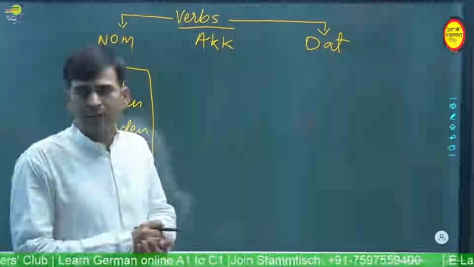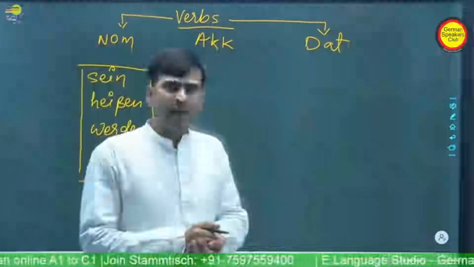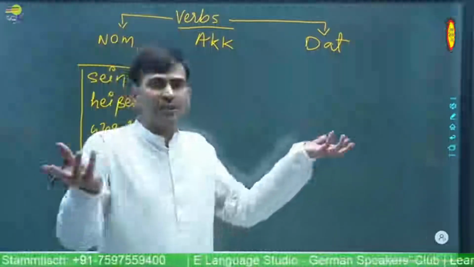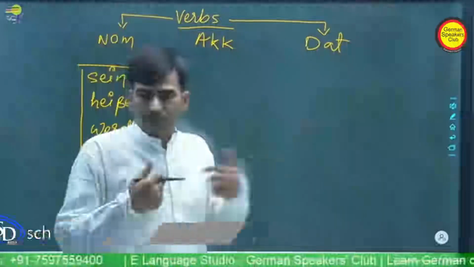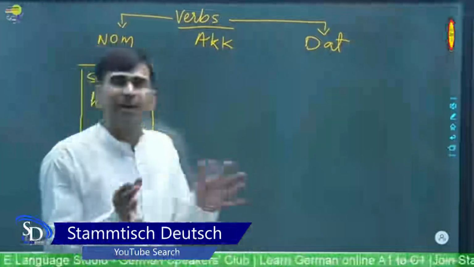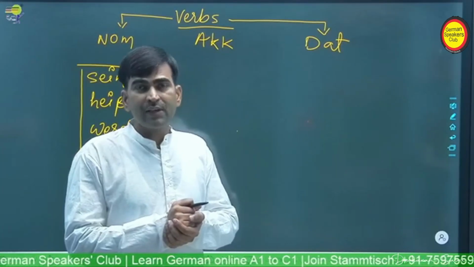So if in a few days I teach you how to make sentences in German, then I am pass. As a teacher, I've done my responsibility, right? I have cleared my test. You have to understand, I get clear, I do my work nicely.